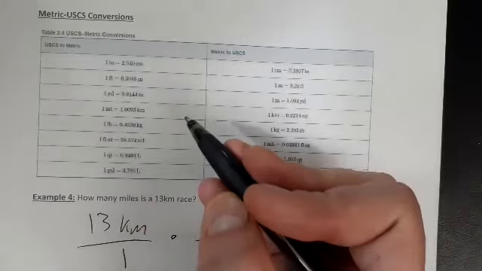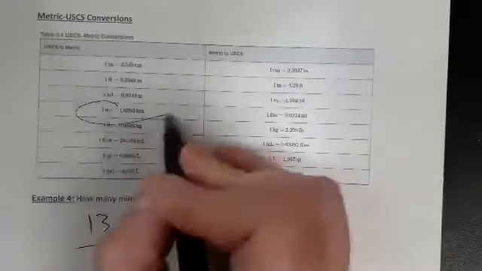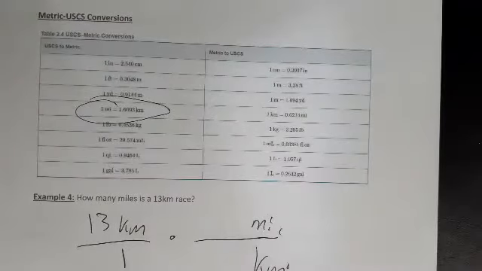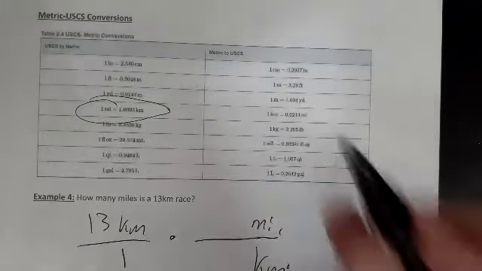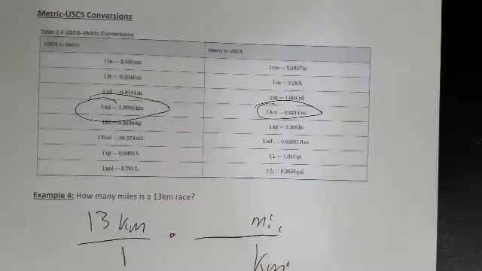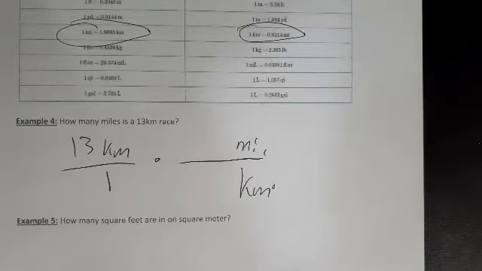See on mine, 1 mile equals, there it is. Blurry as heck, but 1 mile equals 1.6093 kilometers. And I think they give us the other one over here too, right? 1 kilometer equals 0.02. So it depends how you set this thing up. You could use either one.